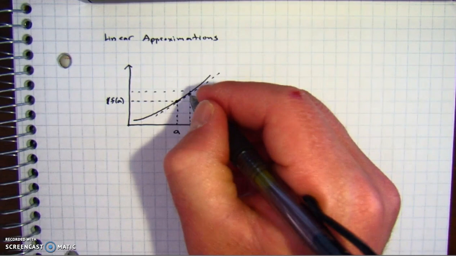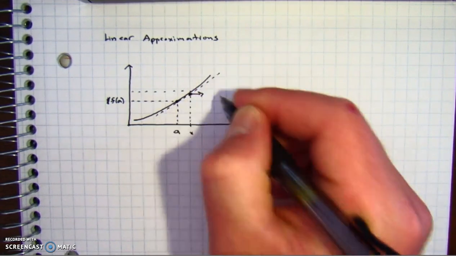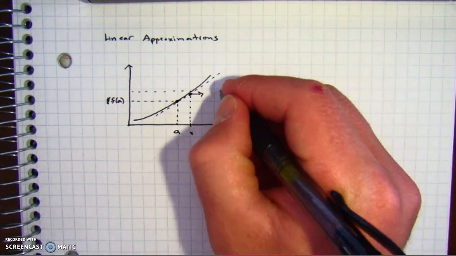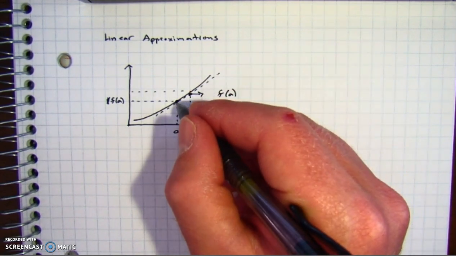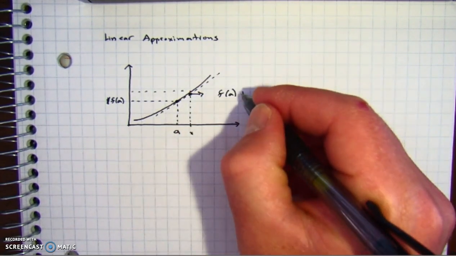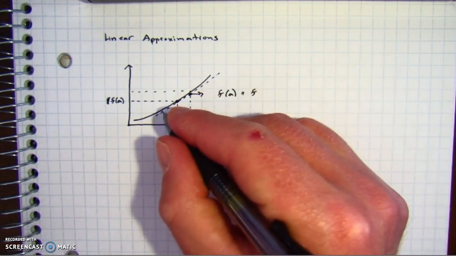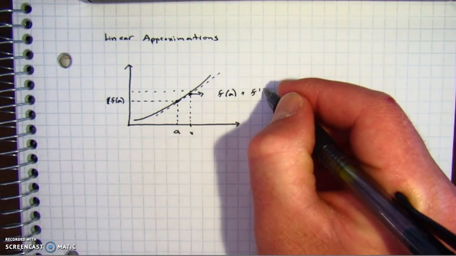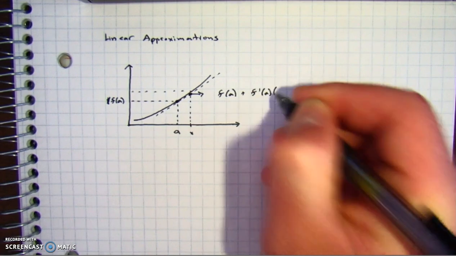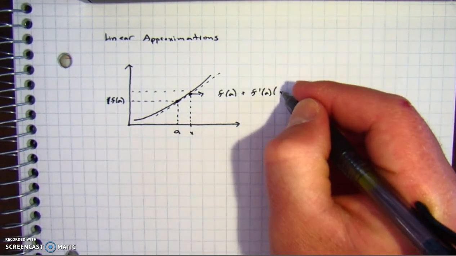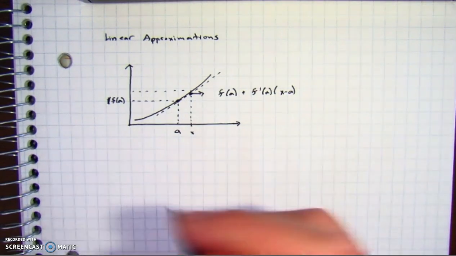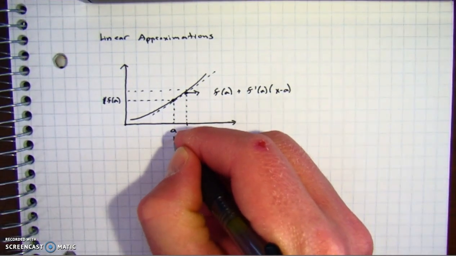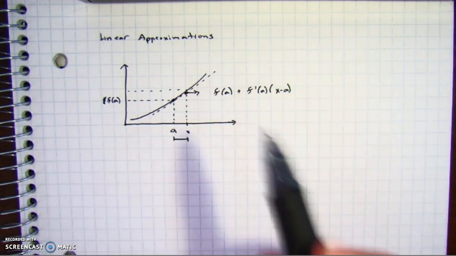So this point right here can be approximated by F of A right there, and then we're going to go along the straight line. So F prime at A times X minus A. And X minus A is just this distance right here.